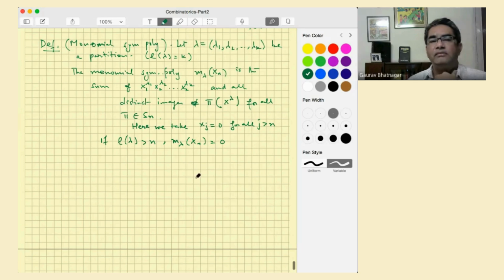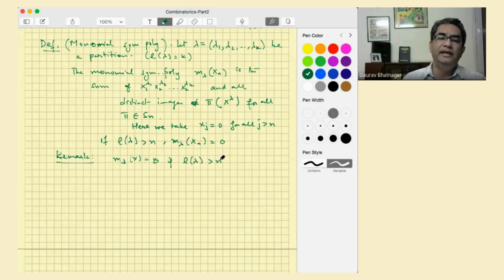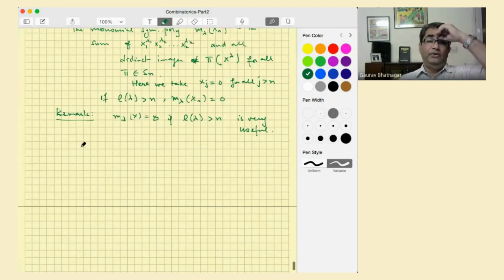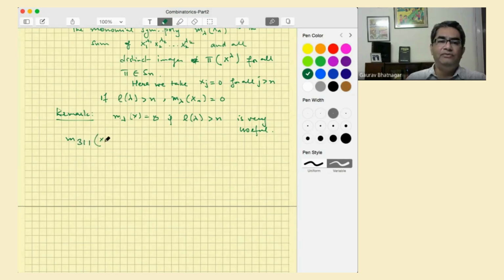Well, this is the monomial symmetric function. So this is very useful. I just want to remark that m lambda of xn equal to 0 if the length of lambda is bigger than n is very useful. So basically, if we have lambda equal to 3, 1, 1, here I'm writing m lambda as this, and I just have x1 and x2.